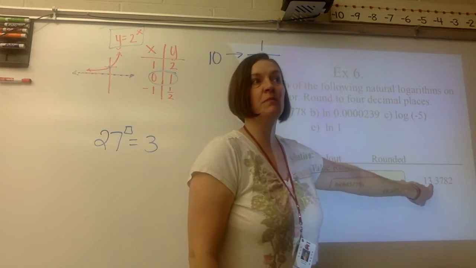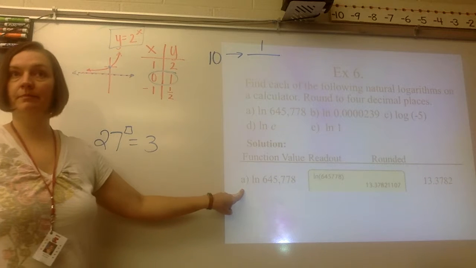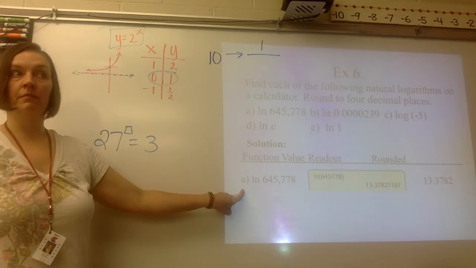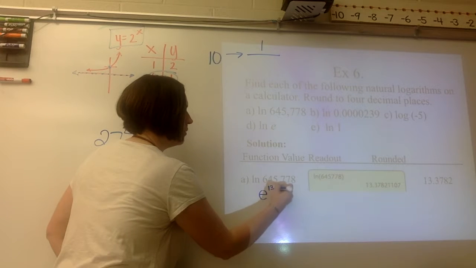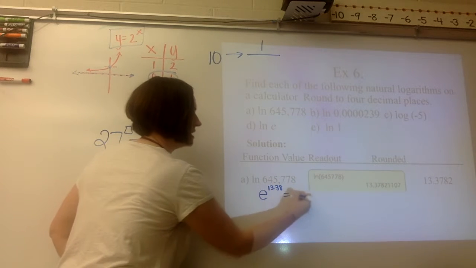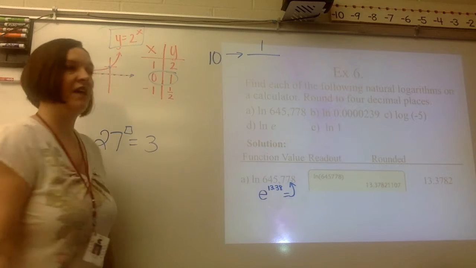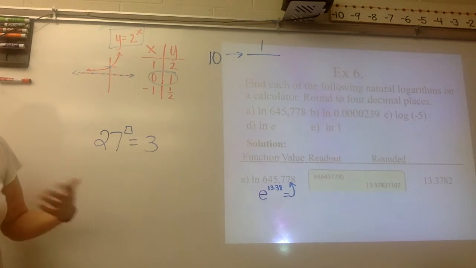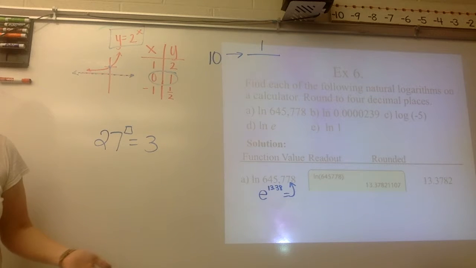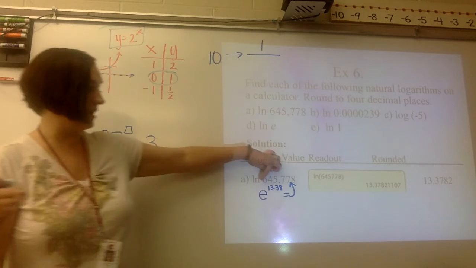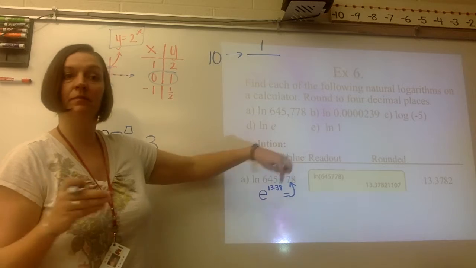What does that answer mean in terms of the original problem? e to the 13.38 is going to give me 645,778. Doesn't it make sense that this number would be bigger now, because my base is starting smaller at almost 3 instead of 10? This would be a bigger number than the last example.